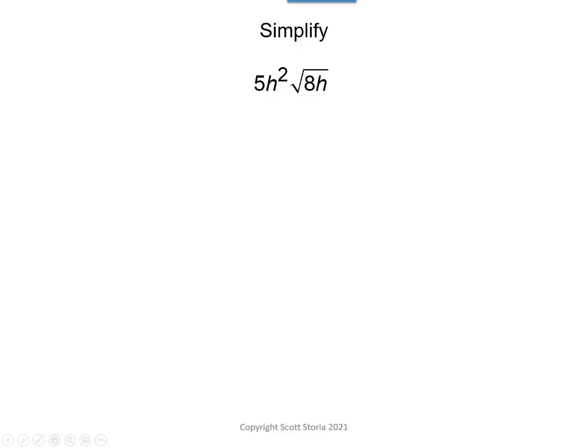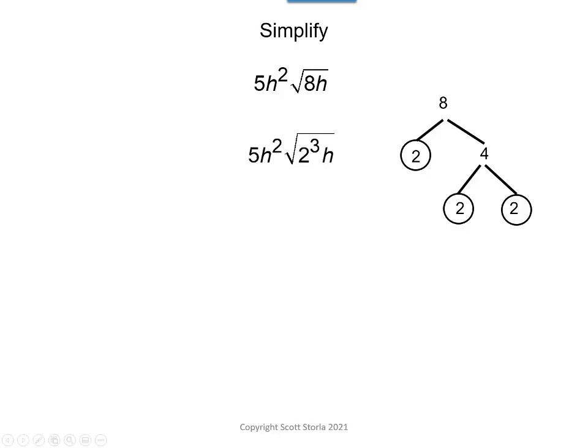How about this one? We already have factors of 5 and h squared, and for values inside the radical symbol, I often like to go through and prime factor them. So using our techniques from before, we can see that we can write 8 as 2 cubed.